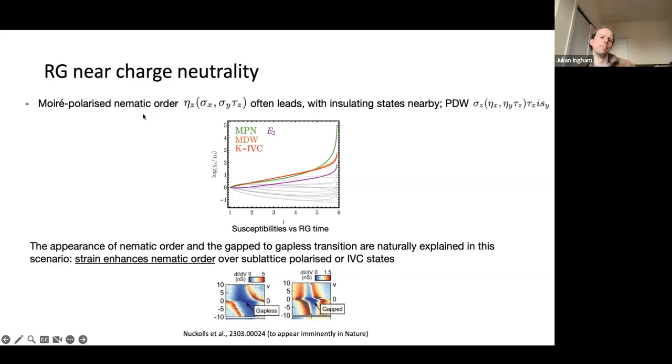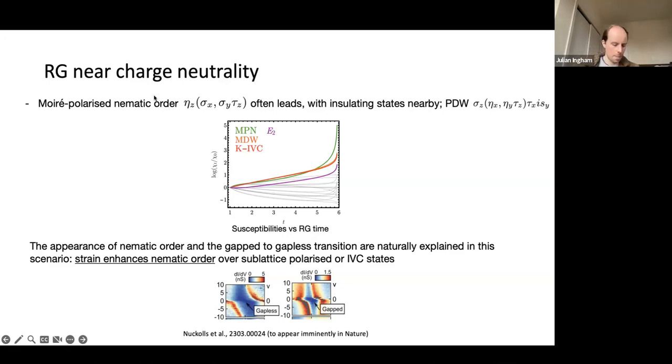So what we find here is that for a range of couplings, especially when the couplings are stronger, which means the RG flow kind of ends here, nematic and KIVC are closely contending states. Now, as we move away from the band touching point, what you actually see, although I haven't included a plot here, is that this purple E2 state will overtake nematic order.